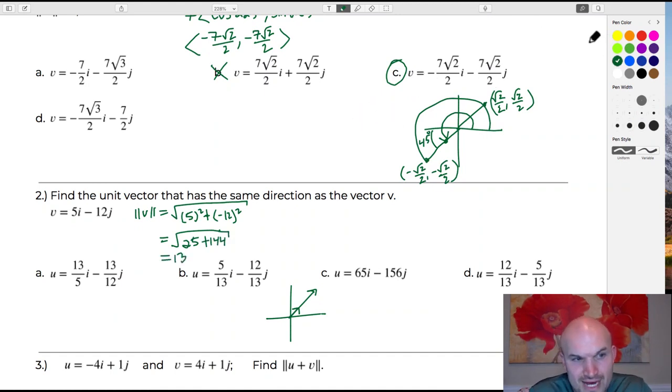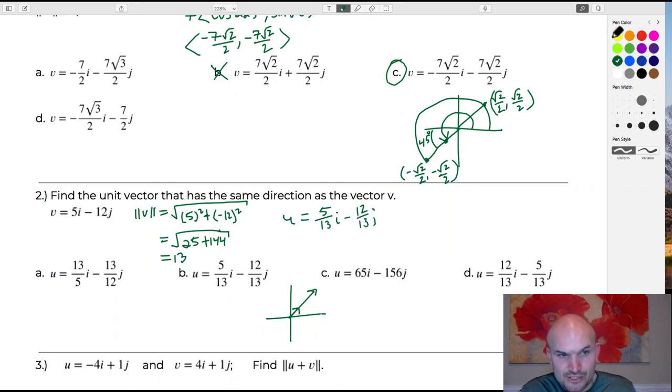So therefore, my unit vector is basically going to be 5 divided by 13i minus 12 divided by 13j, because again, you're just taking your vector and dividing it by its magnitude, right? So you can distribute that across. So that's a negative. So it looks like B is the answer here.